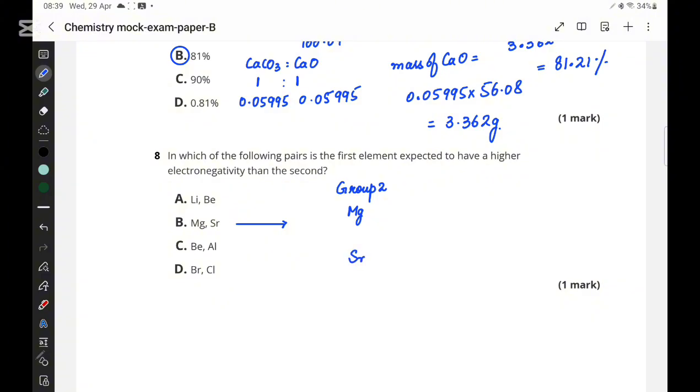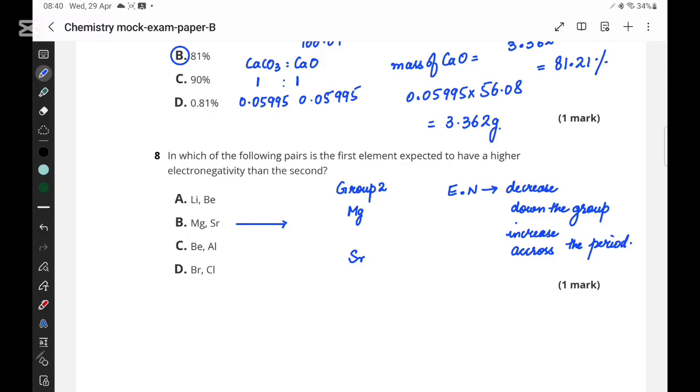Magnesium is present up the group, and we know about electronegativity that it basically decreases down the group, and that it increases across a period. So what happens because of that?